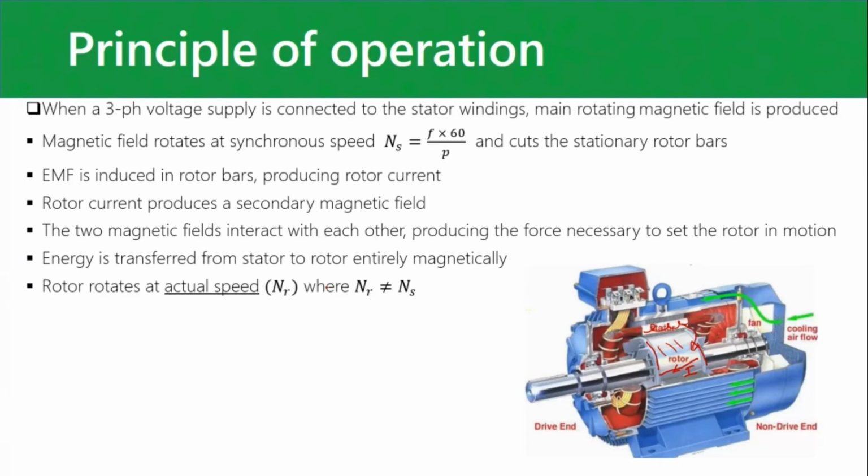So all the energy that the rotor gets, all of it comes via that magnetic field, which crosses this air gap between the stator and the rotor. And that's it. It's like a transformer.